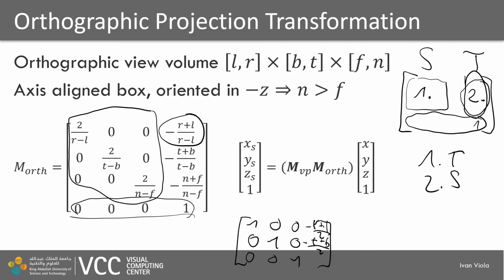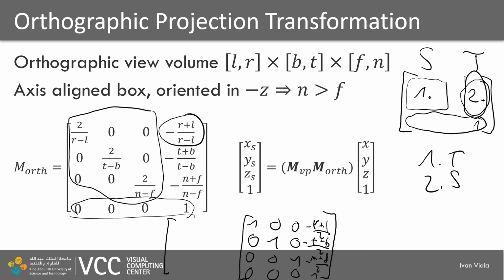Sorry, I need to create space for the homogeneous coordinates as well. And this will be minus (N plus F) divided by 2, 0, 0, 0, 1.